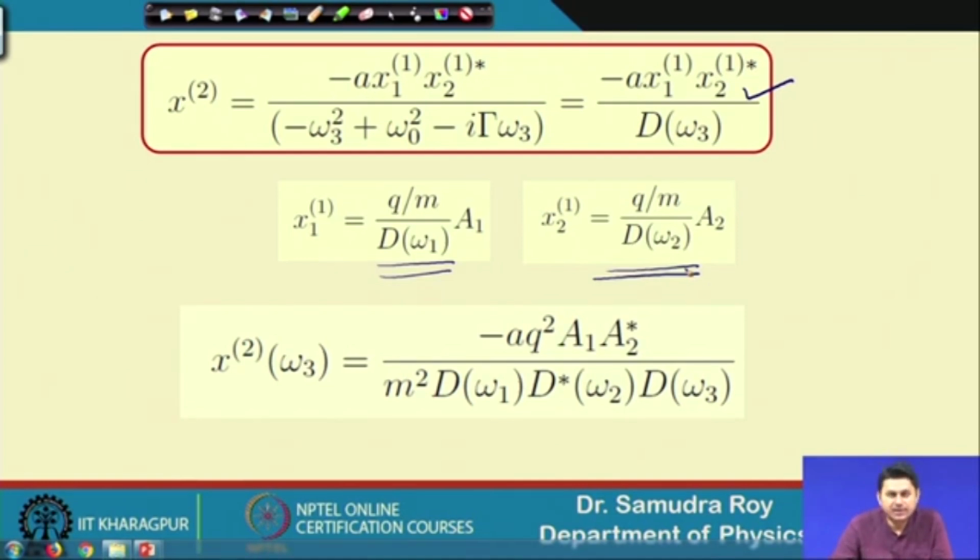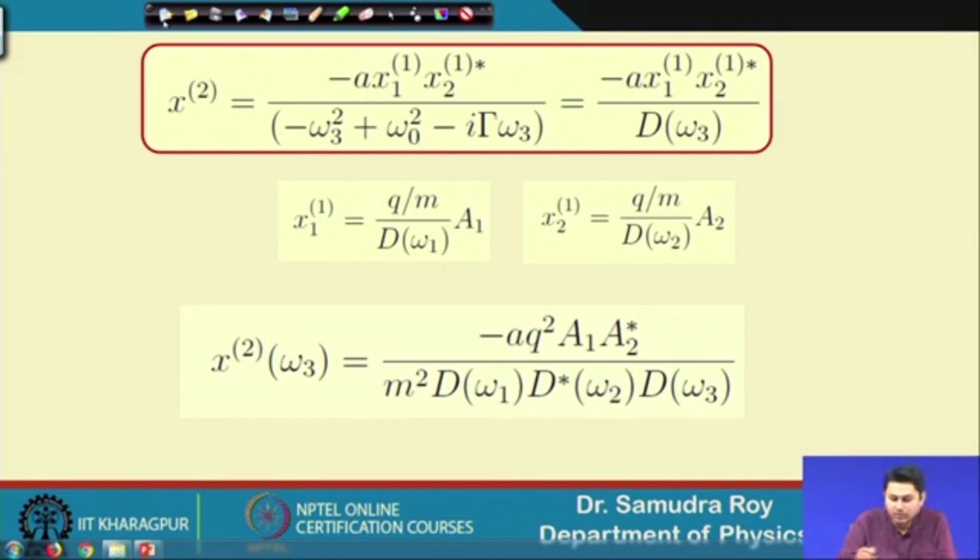The launch electric field amplitudes are a 1 and a 2, because there are two frequency components. For two different frequency components, I have two displacements, and these two displacements x 1 and x 2 can be written in this form. This we have already done before. So, the next thing is to replace the entire stuff here. I just want to replace this x 1 and x 2 star here. If you do, you will readily get this expression.